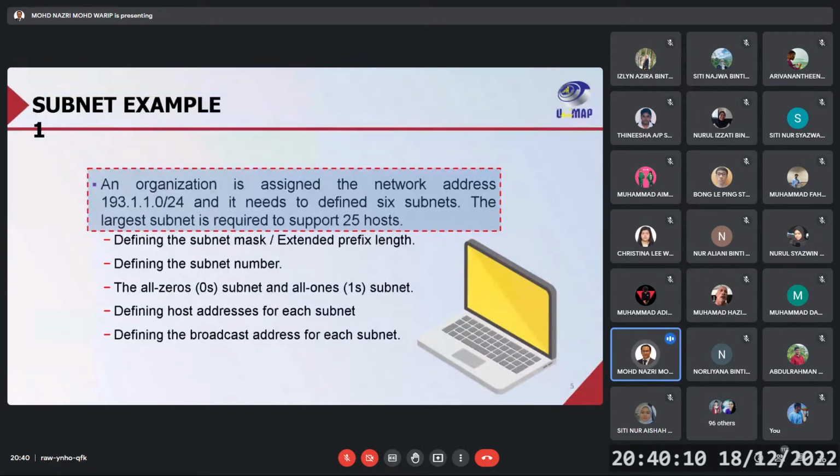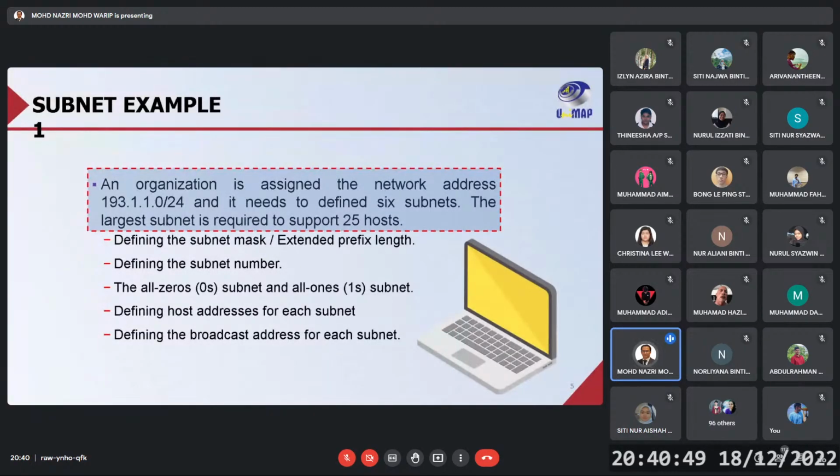Private is 192.168 for class C. What class is this? 193.1.1.0, A, B, C, which one? If you don't want to speak, you can write in the messages. Class C. It is class C, but it is a public IP address.